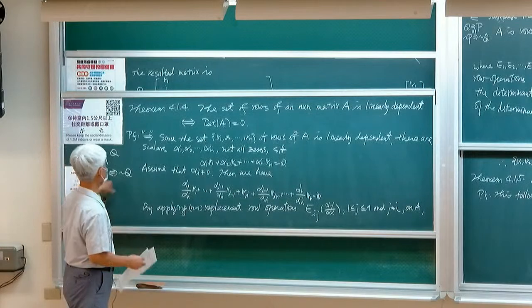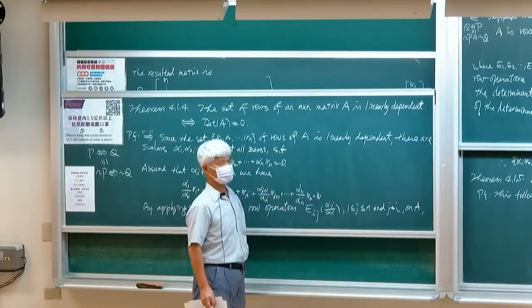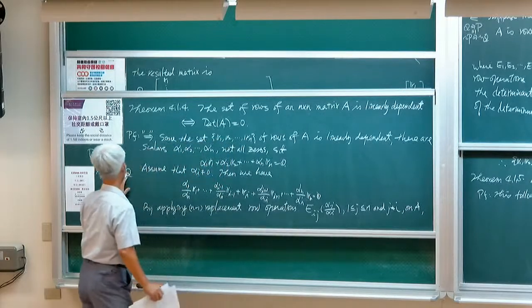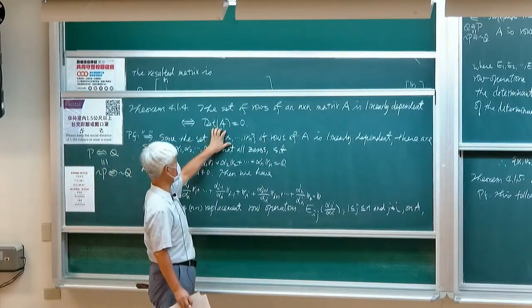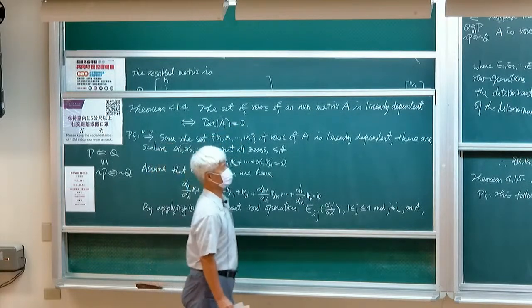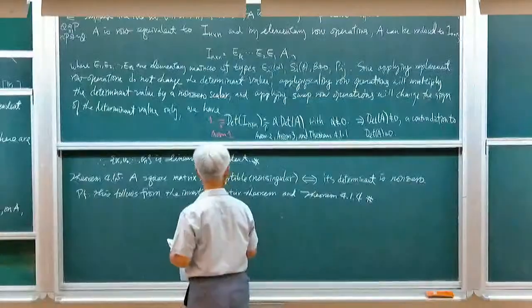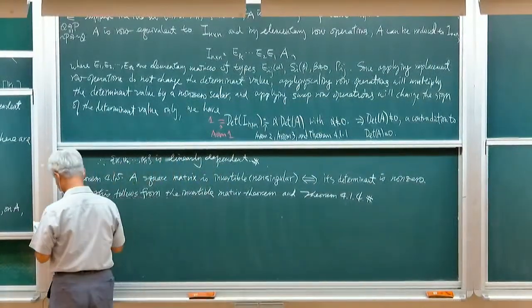So negative P just says that the set of rows is linearly independent. Negative Q says that the determinant of A is non-zero.